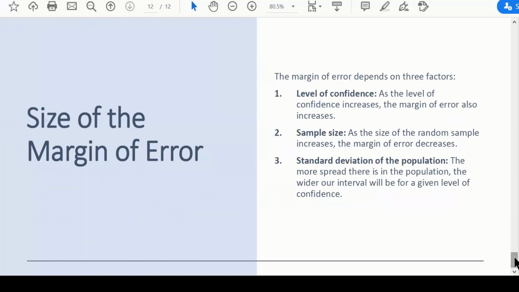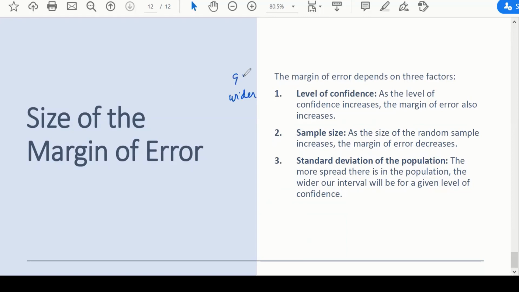So the margin of error that we talk about depends on 3 factors. First, the level of confidence. If you want to be more confident in your estimate, so you only want it to be wrong 1% of the time, so use a 99% confidence level to say, I want it to be right 99% of the time, the way the method works is it just makes the interval wider.